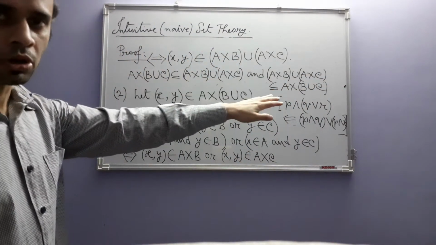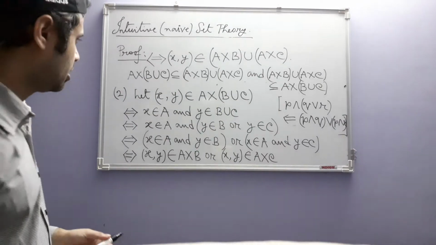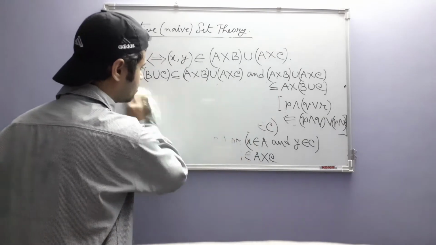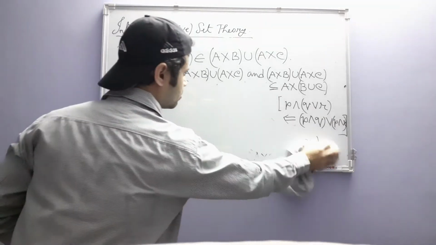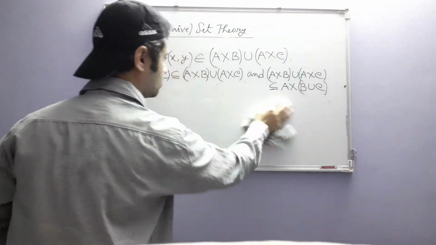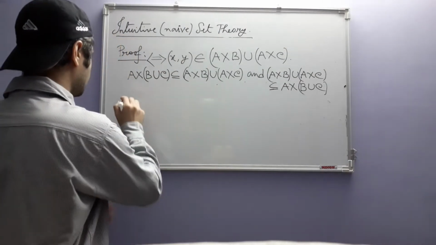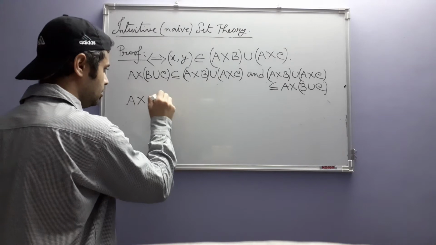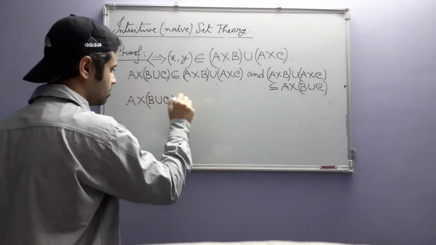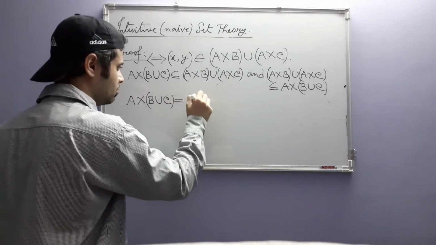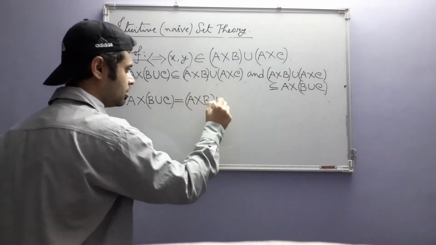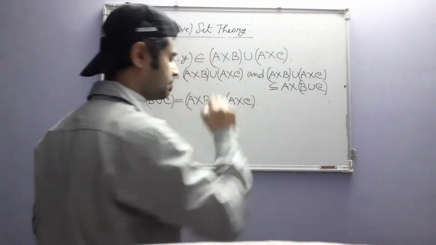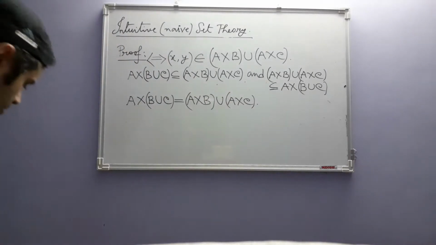From these two containments we get equality. We get this: A cross (B union C) is equal to (A cross B) union (A cross C). Right?